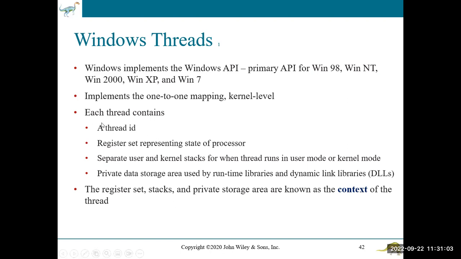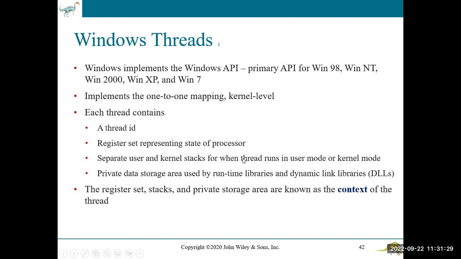So just as we have specific components for a process, in Windows you have 4 different components. You have the thread ID, the register set representing the state of the processor. When we say register set, we're not talking about the registry, we're talking about memory registers.